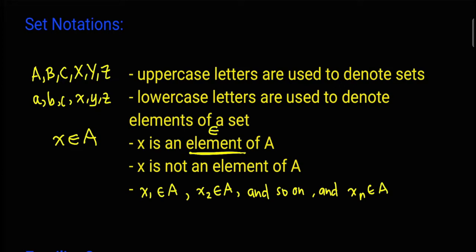So to write x is not an element of A, we write x, the element symbol with a slash, A. Now, if A contains more than one element, say x1, x2, x3, and so on, we write it in shorthand as follows: x1, x2, and so on using the ellipsis, xn, are elements of A, to mean that all of these elements or objects x1, x2 up to xn are actually elements of A.